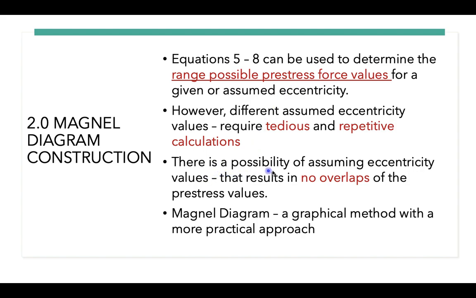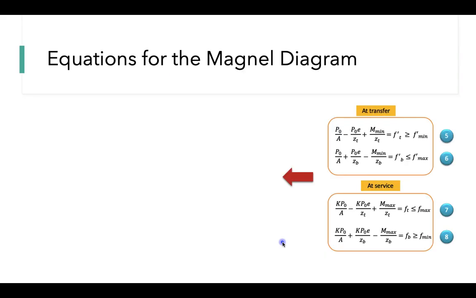There is also a possibility of assuming eccentricity values that result in no overlaps of prestress values, meaning we would not get a minimum and maximum value. So we have the Magnel diagram, a graphical method with a more practical approach, and we are going to look into its development.